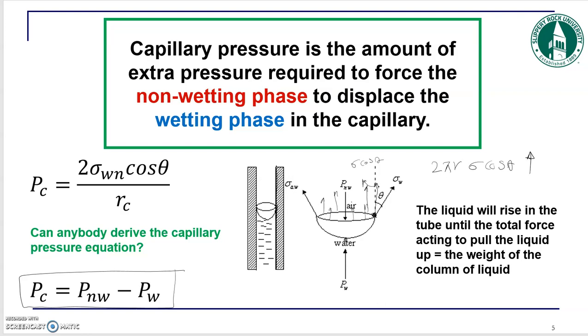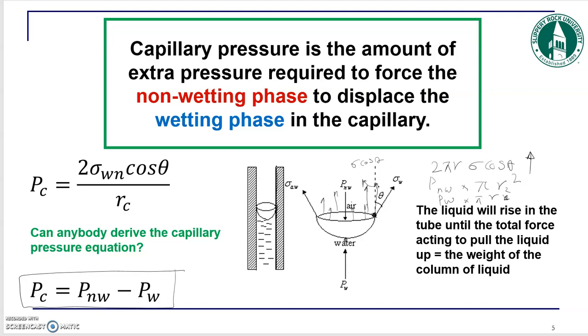What other force do we have? We have pressure, which is the pressure of the non-wetting phase, multiplied by what? If we want to make it force, we should multiply it by the cross-sectional area, which is pi r squared. And then we have the pressure of the wetting phase multiplied by pi r squared.